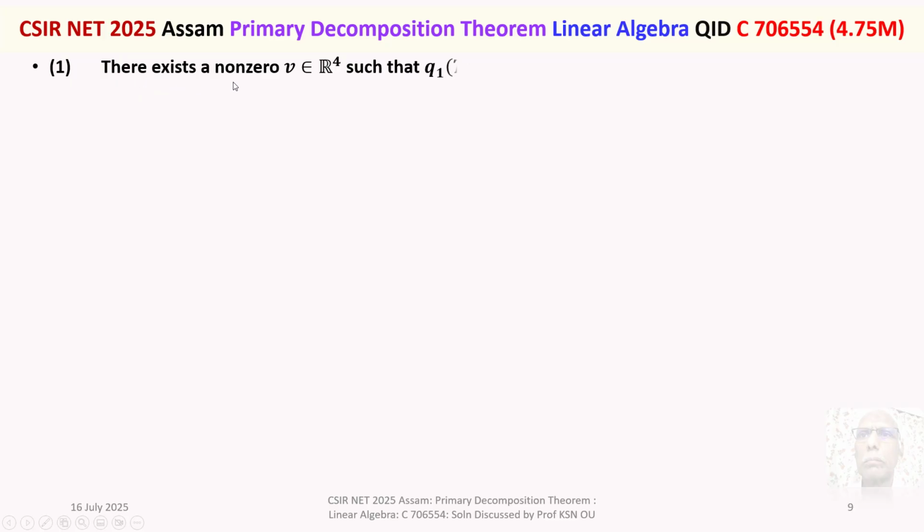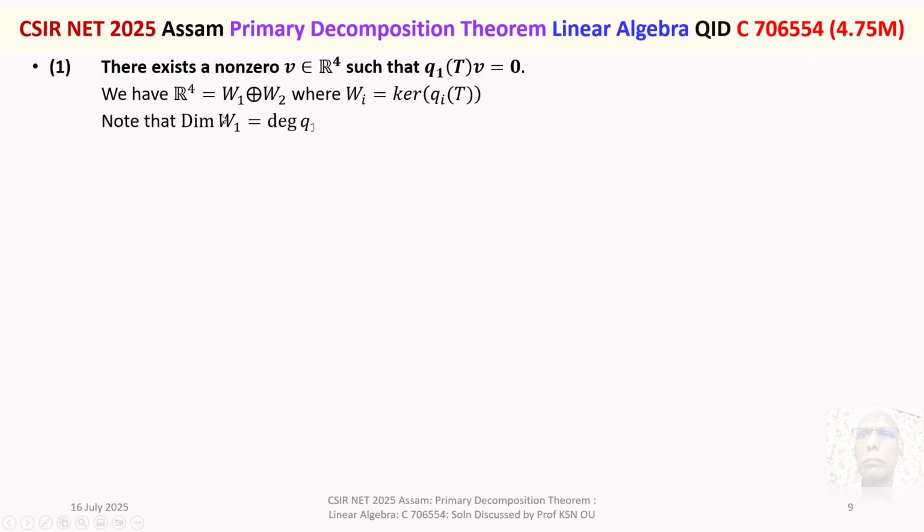Option 1. There exists a non-zero vector v belonging to R to the power of 4 such that Q1 of t operating on v is 0. We have R to the power of 4 is the direct sum of two subspaces W1 and W2, where Wi is the kernel of Qi of t.